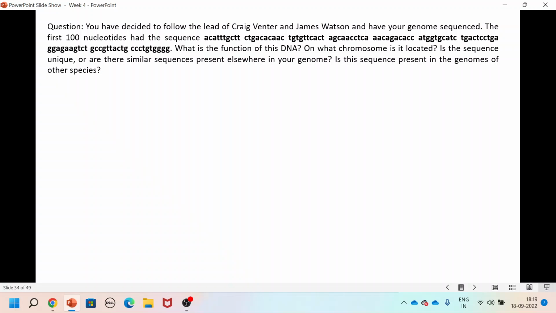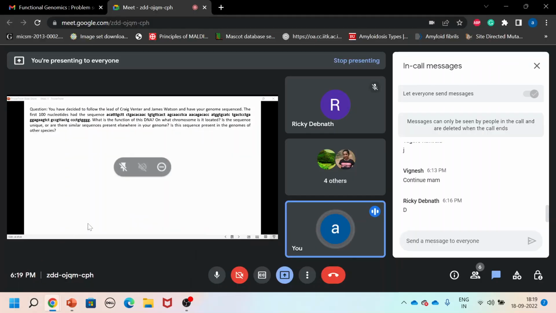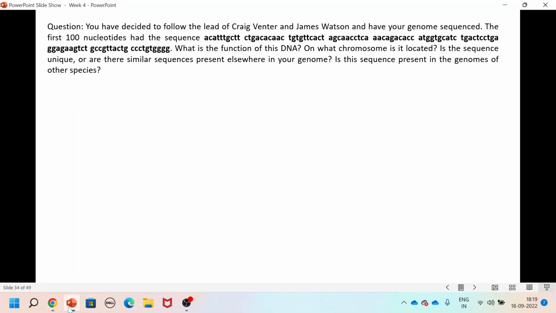How would I get the information on which chromosome it is located? Is the sequence unique, or are there similar sequences present elsewhere in my genome? The next question is, is this sequence present in the genome of other species also, or is it unique to my genome only? So how can we go about this? Anyone who would like to elaborate on this and give the answer?